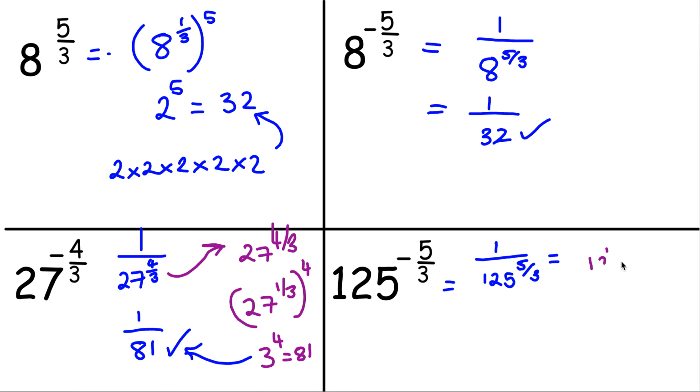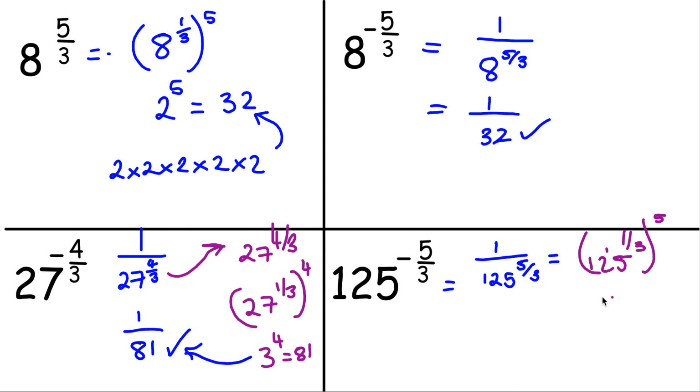So if I take 125, okay, and I power it by 5 over 3, I'm going to bring that 1/3 in. I'm going to leave that 5 on the outside. Okay, so that is 125 to the power of 1 over 3. That 3 doesn't look very clear there.